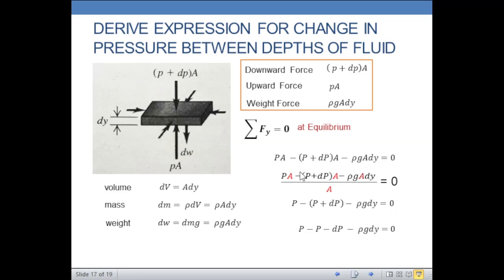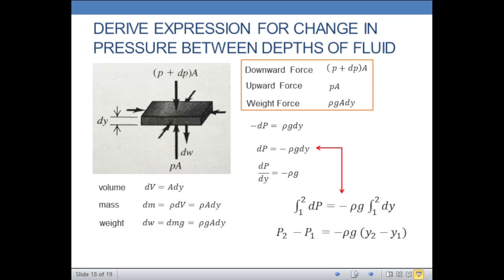Take note that the three terms have a common quantity, that is the area, so we can cancel out the area. That is why we have P minus P plus dP minus density times gravity times dy. We can eliminate the P, so we have negative dP minus density times g times dy.